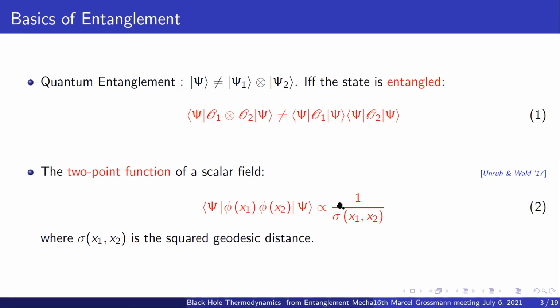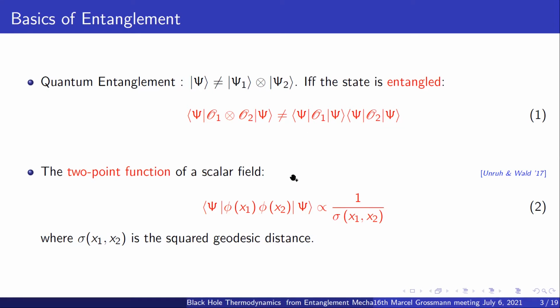Now, let us circle back to the definition of entanglement that we have written here. In the context of scalar fields, you can see that the left-hand side, as I mentioned earlier, would diverge as a power law. On the other hand, over here, we have a finite quantity. This is basically the square of the expectation value of the scalar field at the point x1 in the limit x1 going to x2.